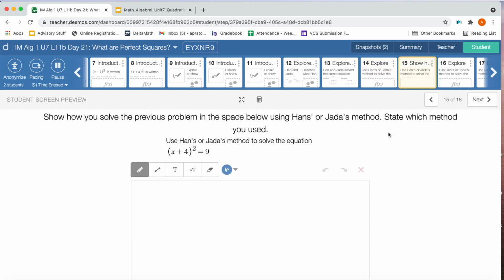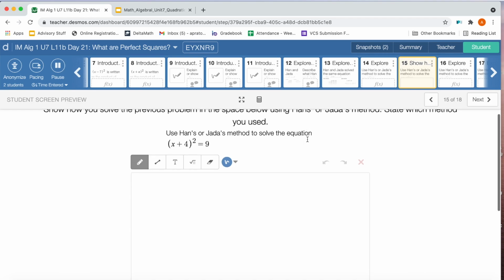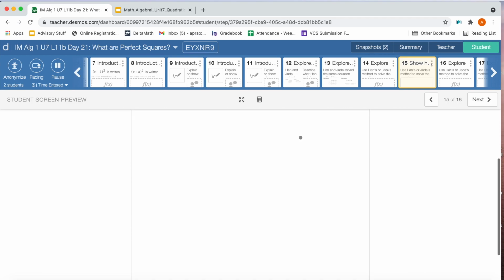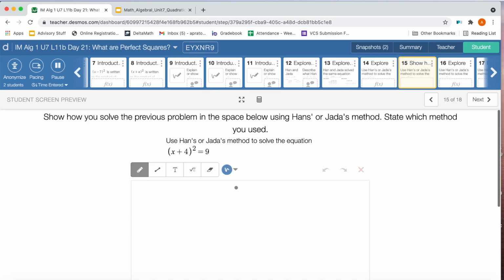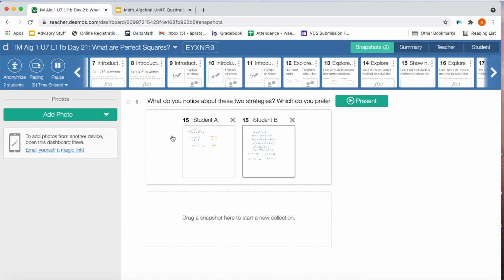On slide 15, students are then asked to show how they solved the previous problem using Han's or Jada's method and state which method they used. Here's the space for them to do that. I screenshotted two pieces of student work and put them both on the same slide.